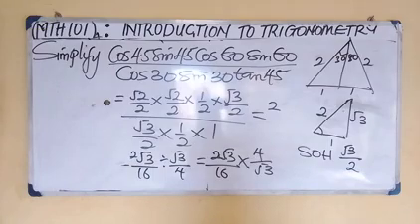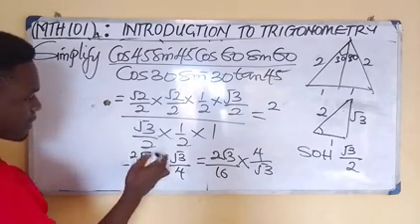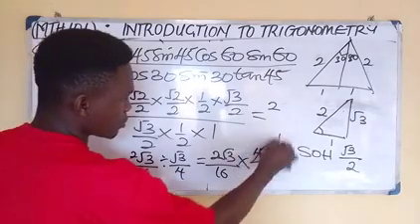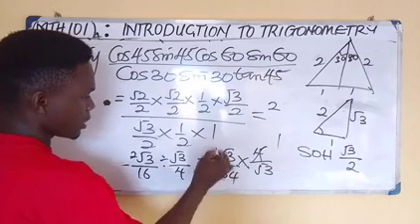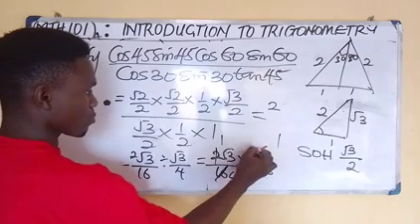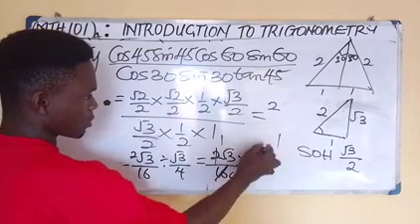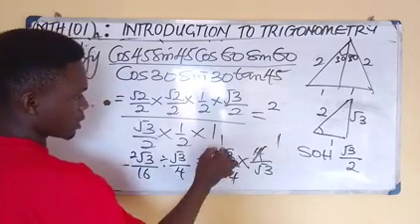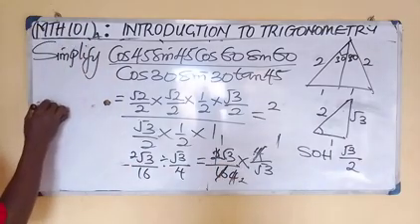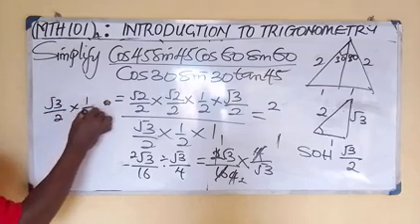So now what are we going to have? 2 root 3 over 16 divided by root 3 over 4. So this into this is 1, this into this is 4, then 1, 2. So I now have root 3 over 2 times 1 over root 3.